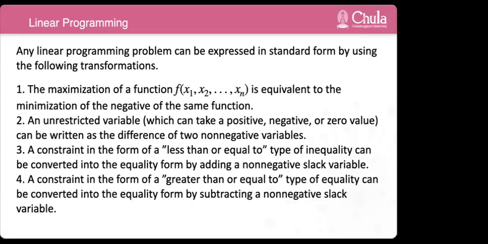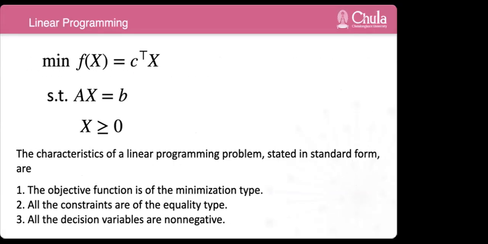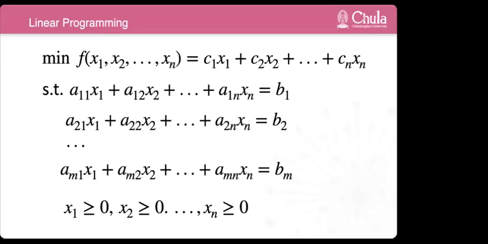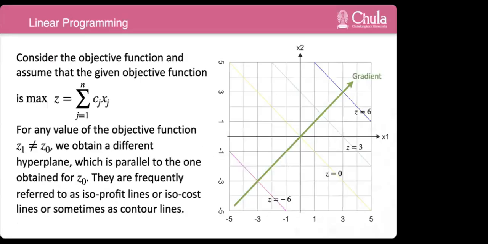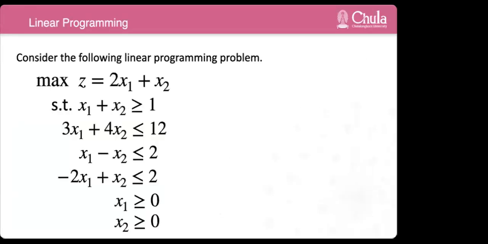If we have a constraint in the form of less than or equal to, it can be converted to equality form by adding a new positive variable. For example, look at this constraint.